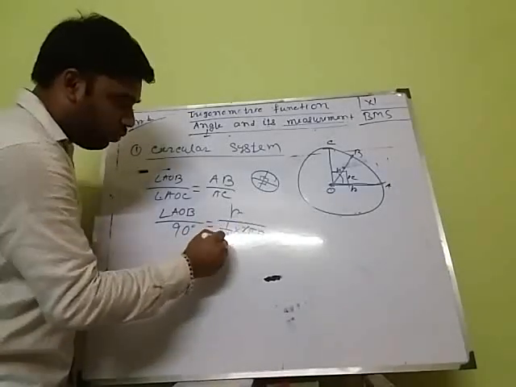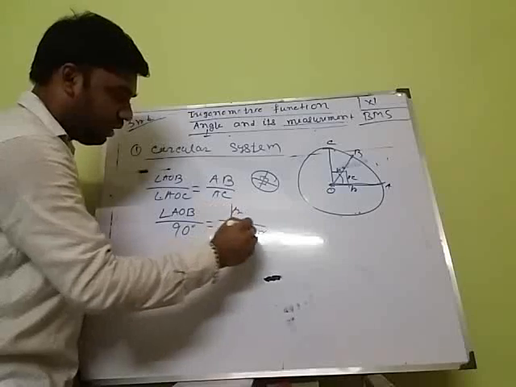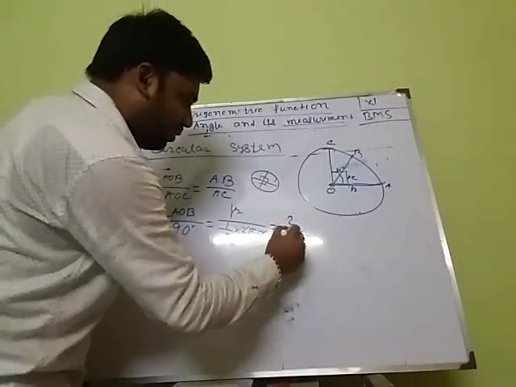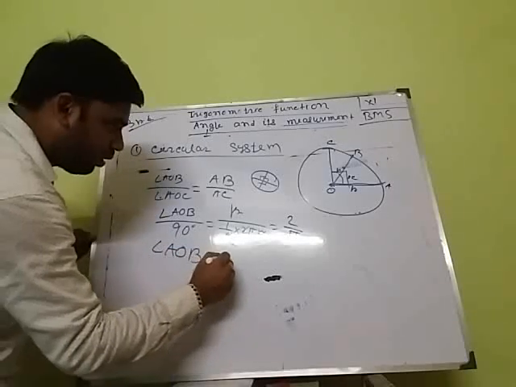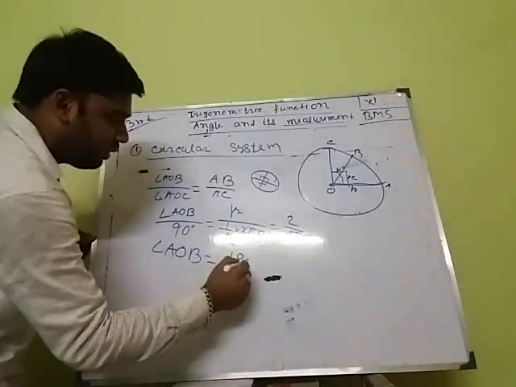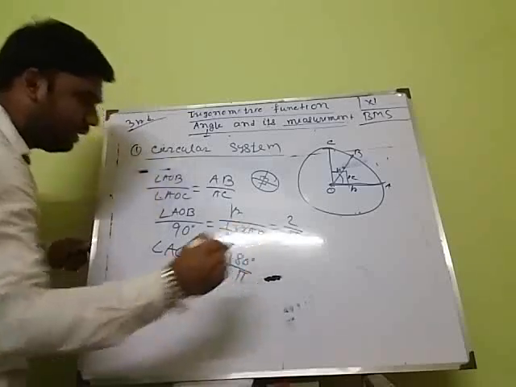Reduced by 2 and r, that is 2 by pi. Then angle AOB equals 90 into 2, 180 degrees by pi.